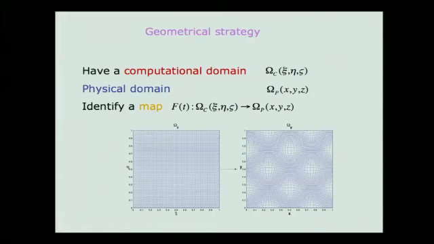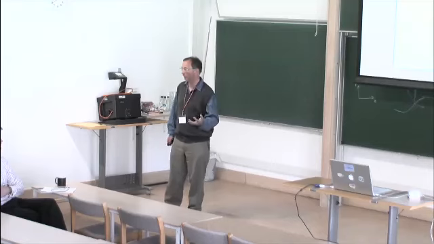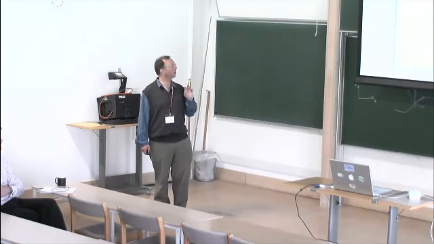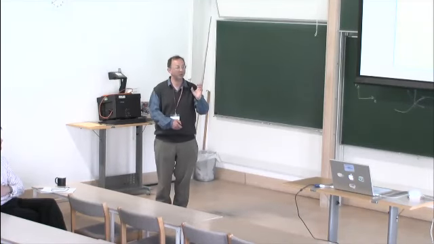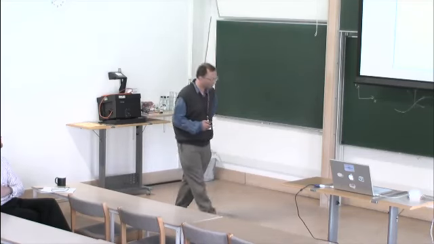And whilst I'm going to draw it as a two-dimensional thing, this could easily and generally will be a three-dimensional thing. And in this domain, I put down an extremely nice, simple, uniform mesh. Could be uniform triangles, uniform cubes, uniform squares, whatever. So that's my topology. So I define my mesh topology in the computational domain.